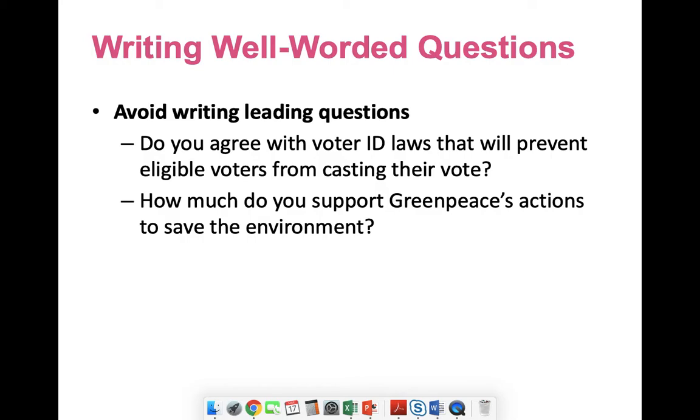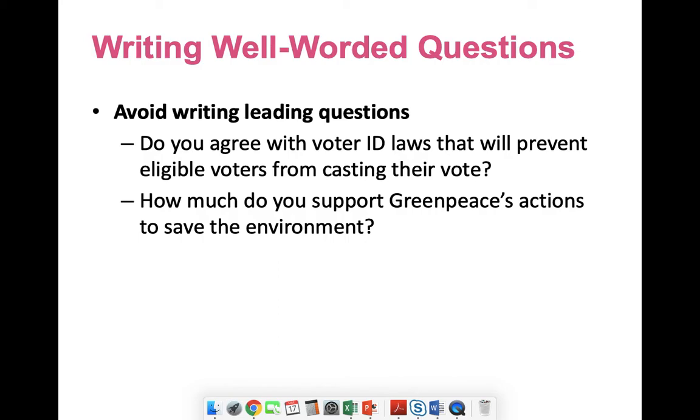The first would be phrased as, how fast do you think the car was going when it hit the other car? Alternatively, the question could be worded, how fast do you think the car was going when it smashed into the other car? Which question do you think would lead people to give a higher speed estimate? It's probably the second, because the second had smashed in it.